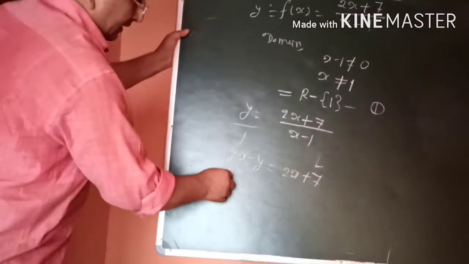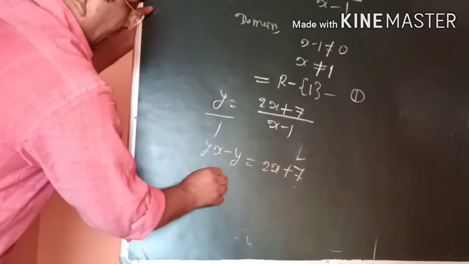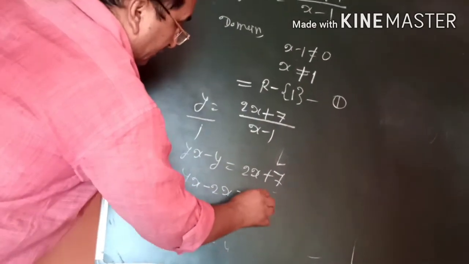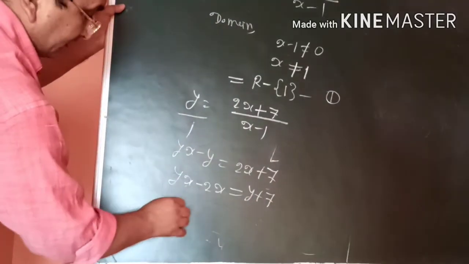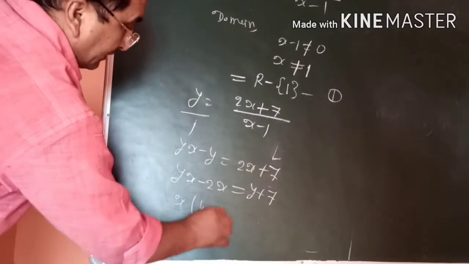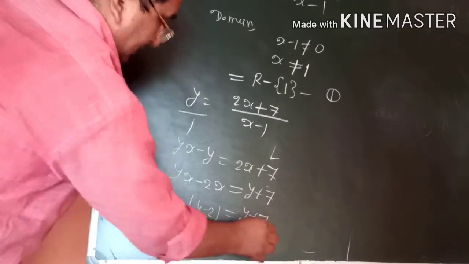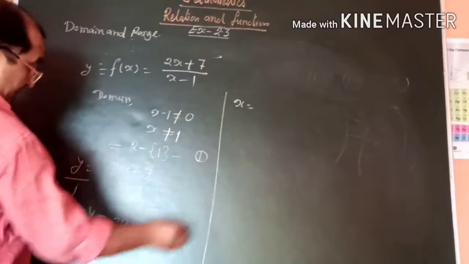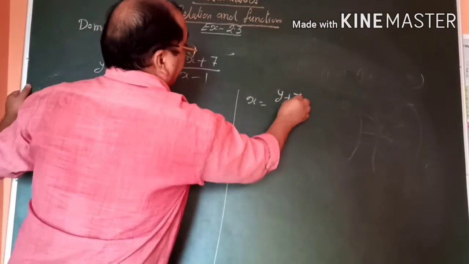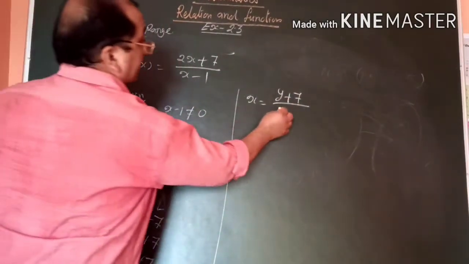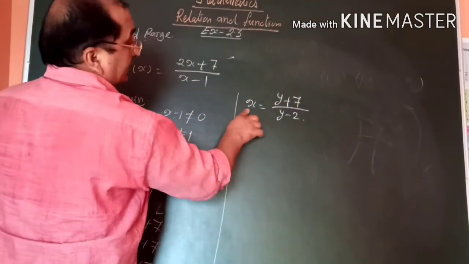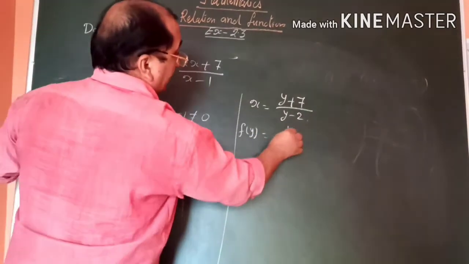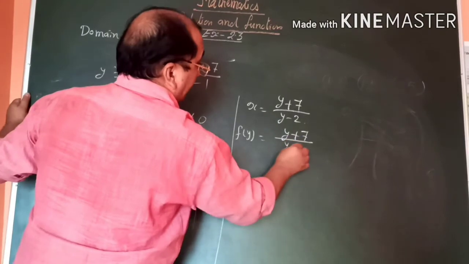So yx minus 2x is equal to y plus 7. X is common, so x times y minus 2 equals y plus 7. Hence x is equal to y plus 7 divided by y minus 2, and this function is denoted by f of y equal to y plus 7 upon y minus 2.